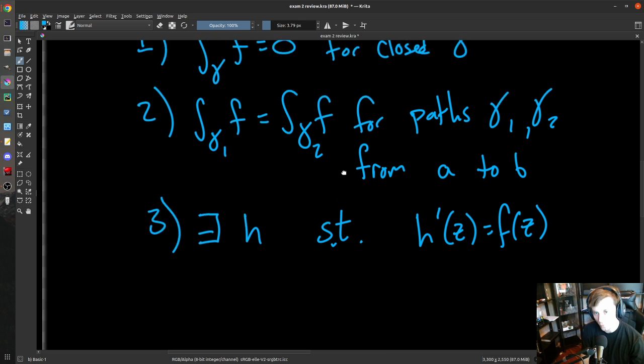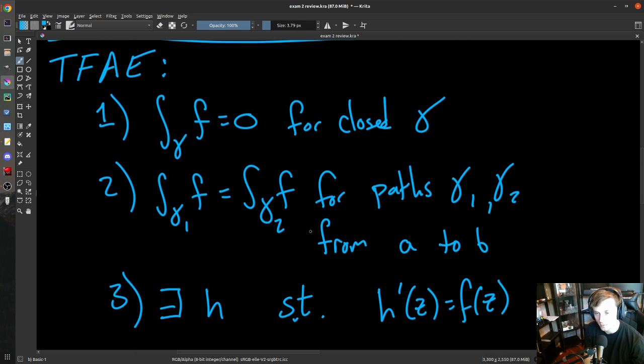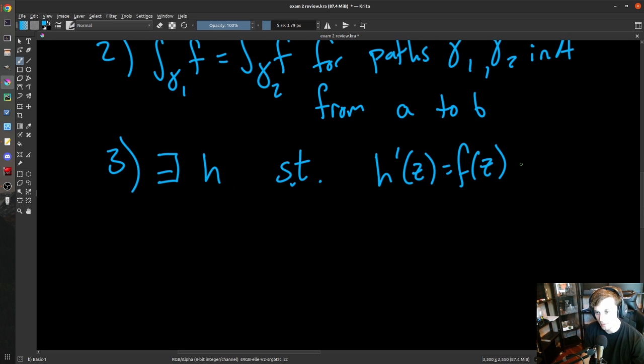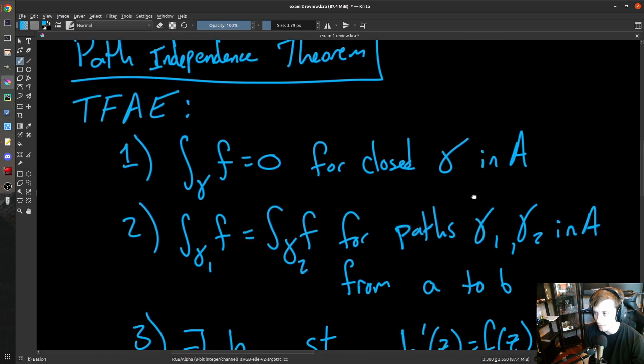Now, what I really should add to all of these to make this fully specific is I should say for closed gamma in the region A, for paths gamma 1, gamma 2 in the region A, there exists h such that this holds with h analytic on A, where A is some domain where f is defined.